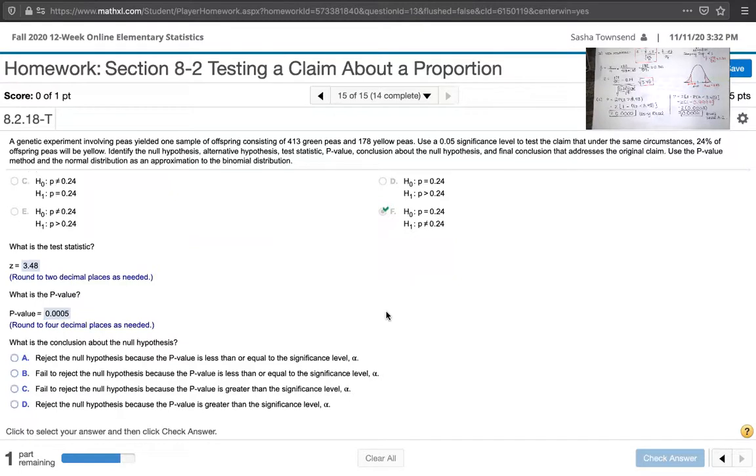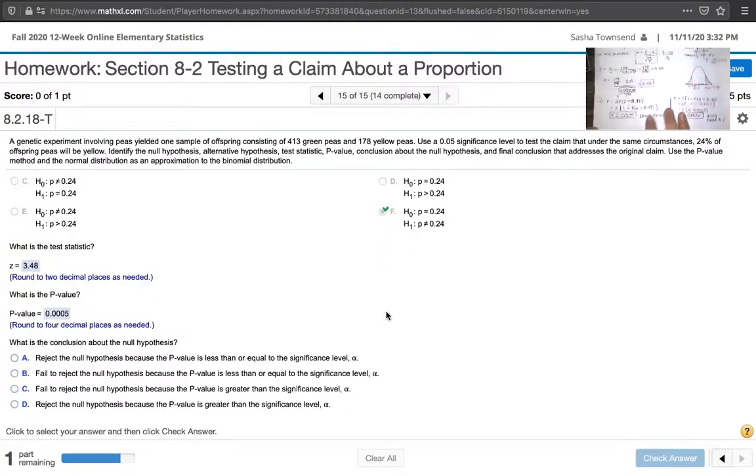And then we want a conclusion about the null hypothesis. So we're taking our p-value, which is this 0.0005 or 0.0006, and we're comparing it to alpha.